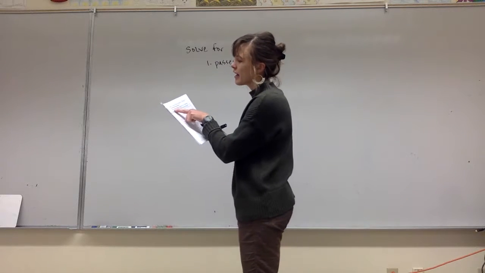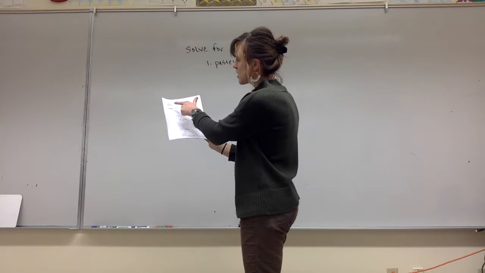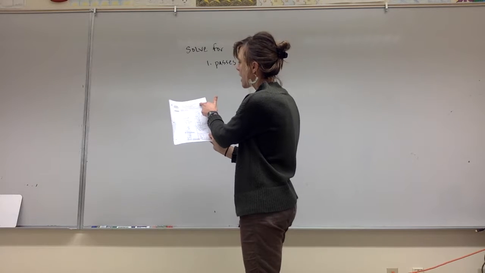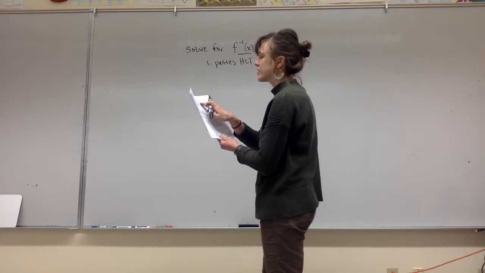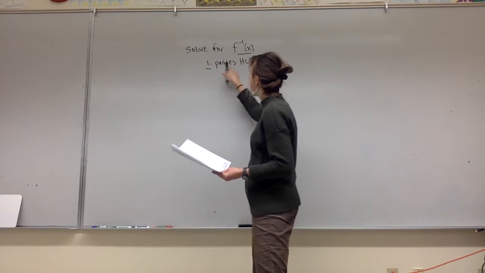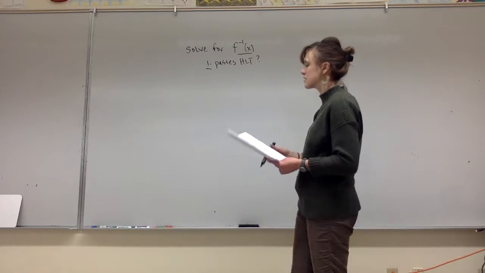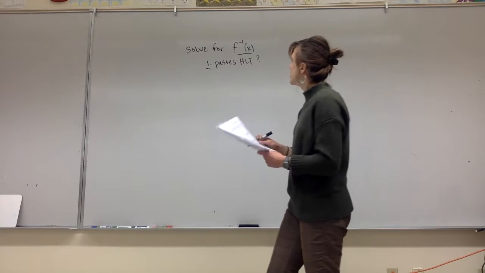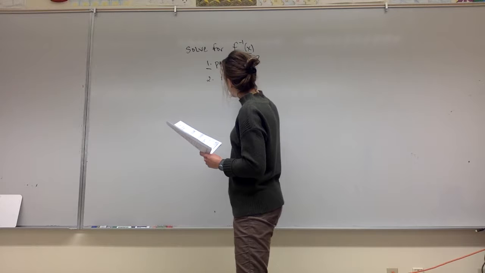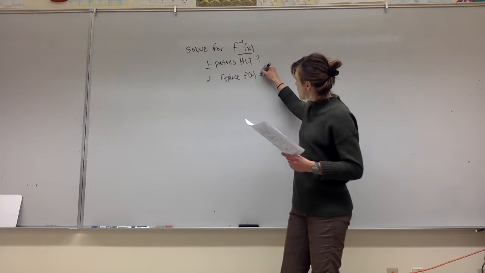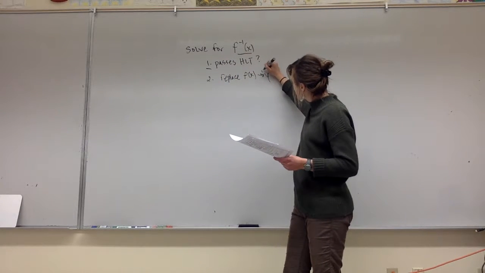This is written in this box here. The notation for the inverse of a function f of x is written as f to the negative 1 of x. Not all functions have inverse functions, so our first step has to be to see if it passes the horizontal line test. Then our second step is to replace f of x with y.